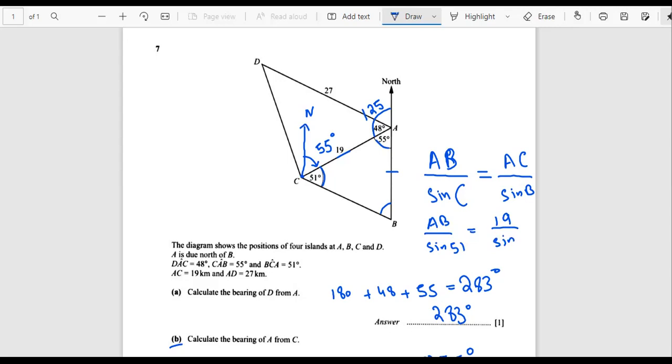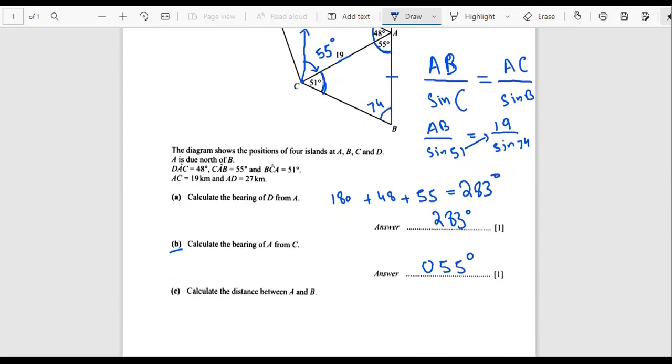Can anyone tell me? Sum of angles and 74. Say it again. 74. Very good. Sum of angles in a triangle is 180. So using this 55 and 51, I have calculated this as 74.